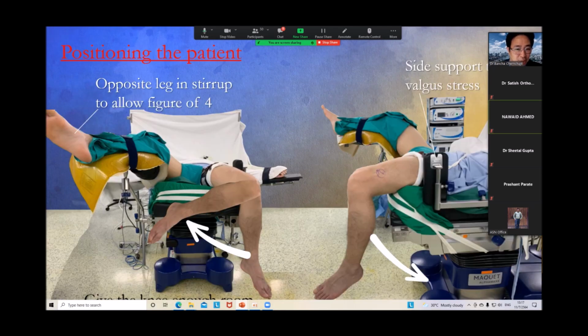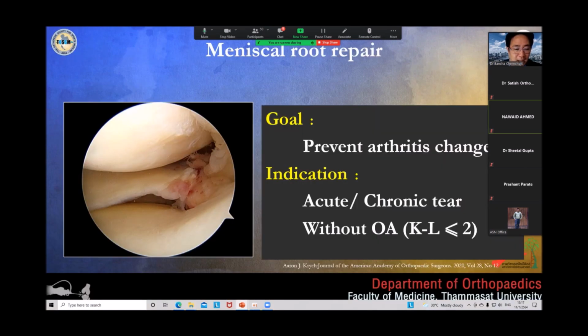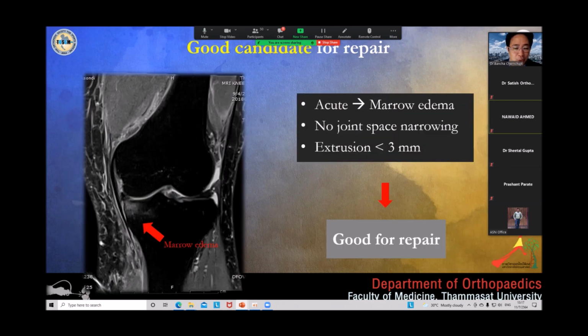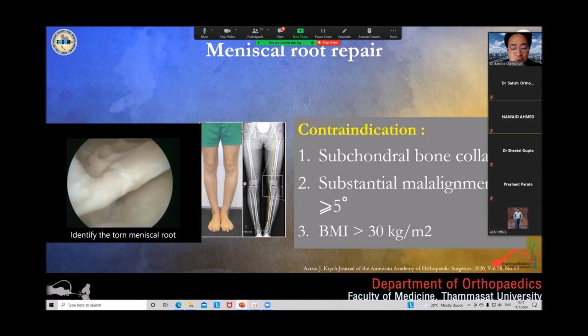So this is my position for the meniscus root repair. I break the table and drop the leg down like that. The goal is to prevent arthritic change. The indication is an acute or chronic tear without osteoarthritis, KL less than 2. This is a good candidate for root repair: acute injury, no joint space narrowing, extrusion less than 3 millimeters.